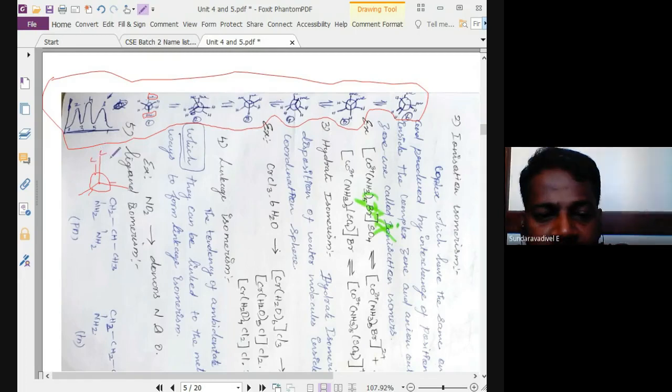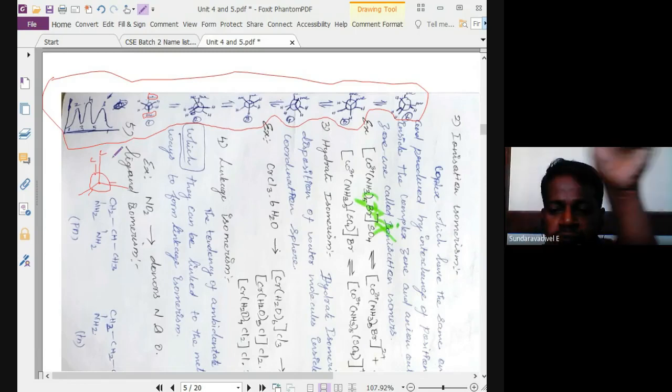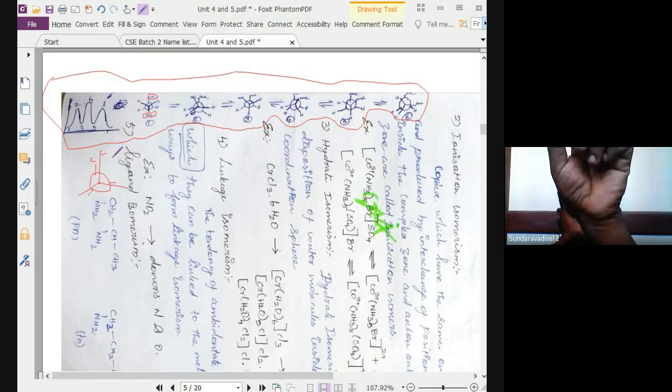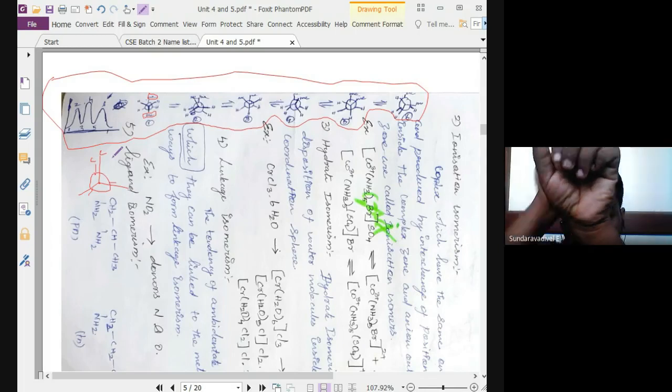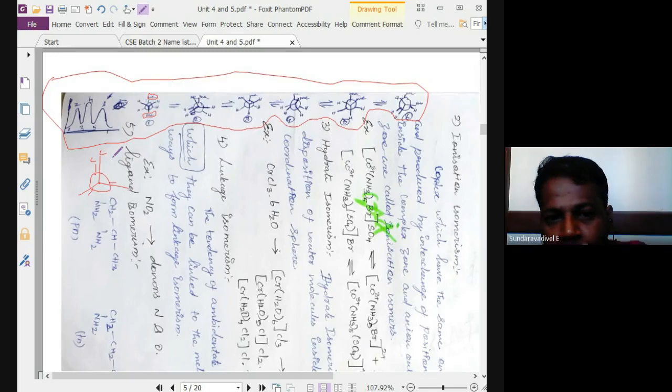This is the first structure. The front carbon has the methyl group, and the backside carbon also has a methyl group, on the opposite side.